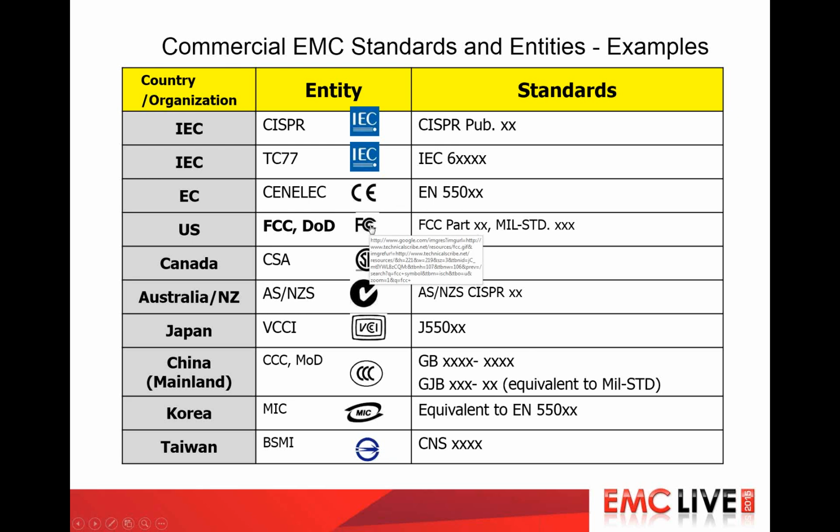You'll see these little icons in the back of manuals that indicate that this product has met these standards, whether it's the FCC standards or if it's in European countries, you'll have EN standards that the products meet. So you'll see all these little icons that are in the back, typically the last page of the manual, explain that they met their standards for that country. Again, all these standards are based upon the CISPRS standards, but everyone wants to name them something else.